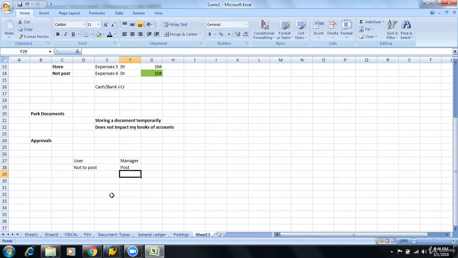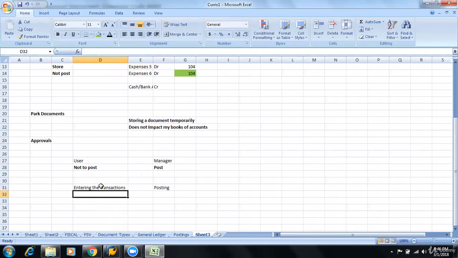Since the manager has an authority to post, it doesn't mean that he would be entering debits and credits and amounts of each transaction. Instead, it would be Mr. User who would be entering the transactions but not posting them. The manager will be posting the transactions. Right? Understood what the difference is?